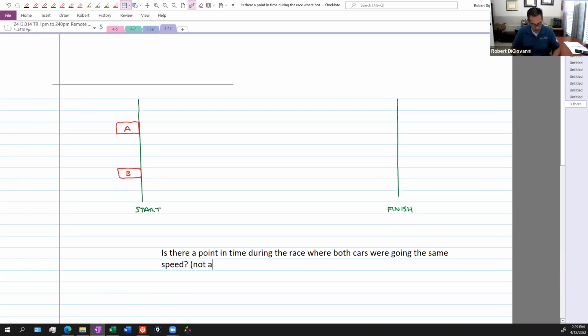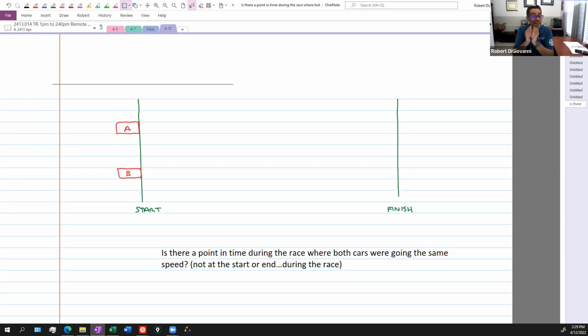Not at the start or end, but during the race. Of course, when they both start, they're not moving, and then they take off. When they get to the finish line, they're at the same place. So forget the beginning and the end of the race, just somewhere in between.